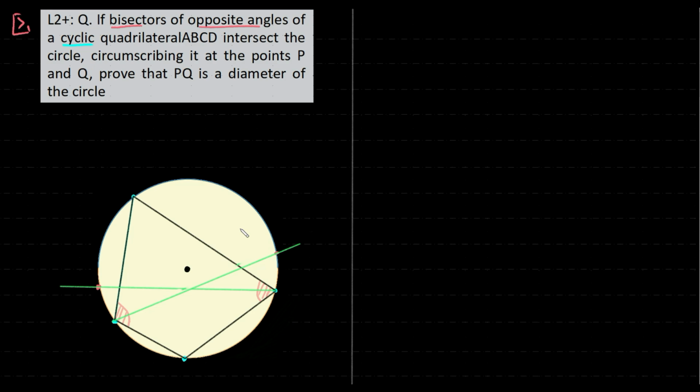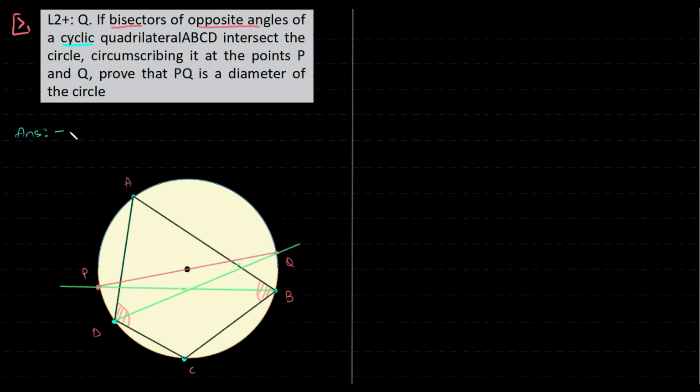They are intersecting the circle at P and Q. So that's P and that's Q, and this is A, B, C, D. Here we are considering D and B to be opposite of each other. They are bisected with PB and DQ. The point where these two bisectors meet, if I join PQ, will pass through the center of the circle. So this is what we have to prove.